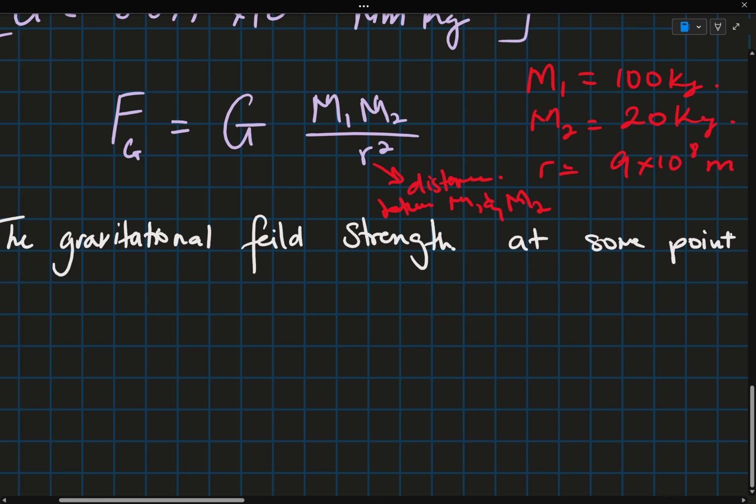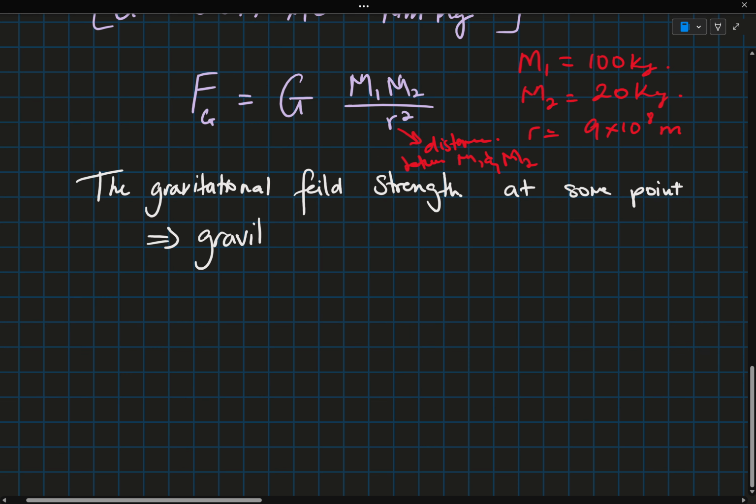So the gravitational field strength at a point is defined as the gravitational force per unit mass.